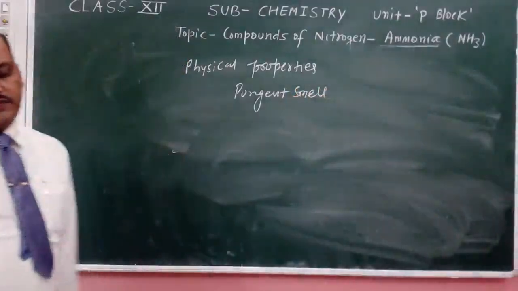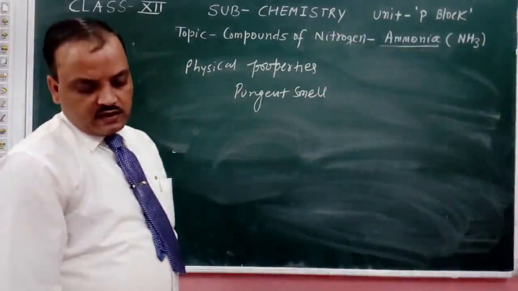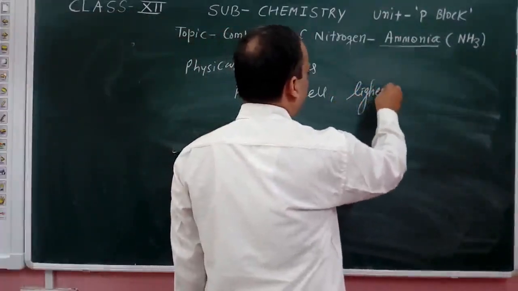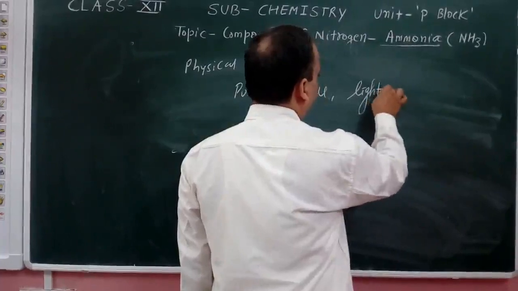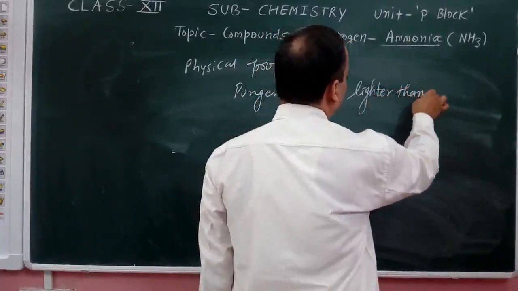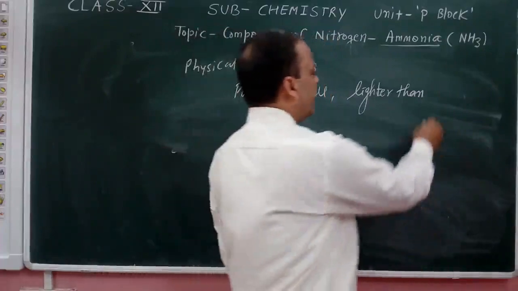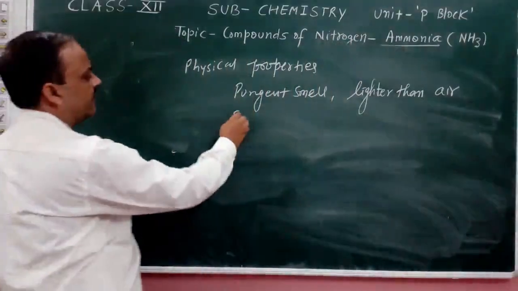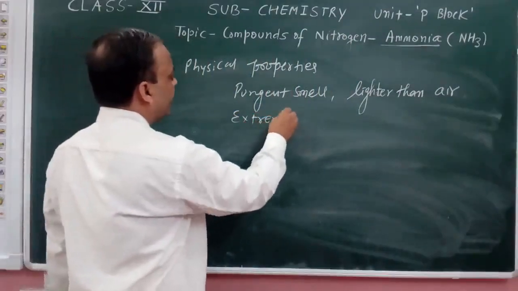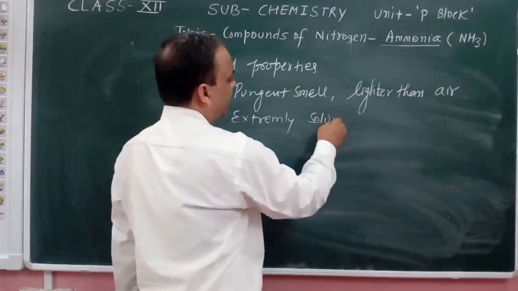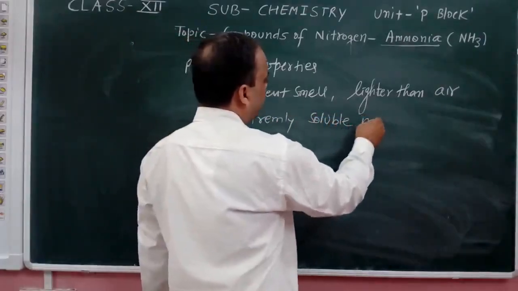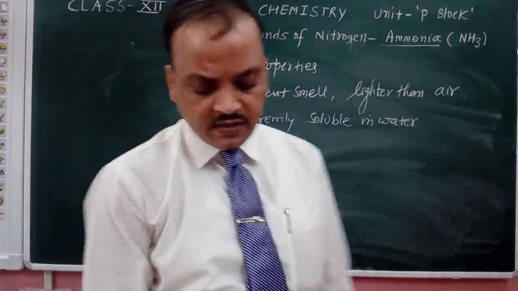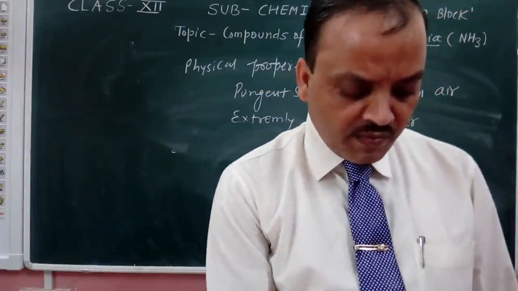Another property: it is lighter than air, हवा से हल्की होती है, and extremely soluble in water. So these are some general physical properties of ammonia.